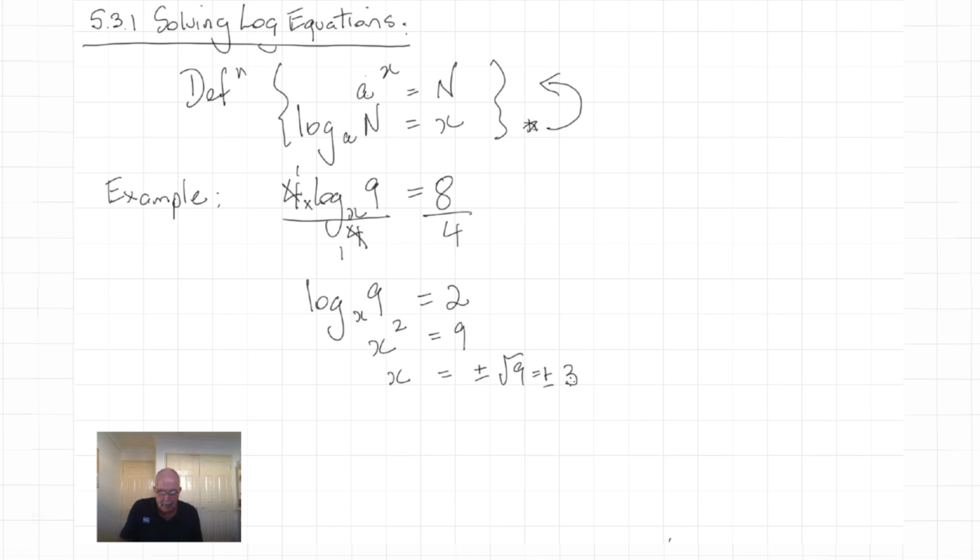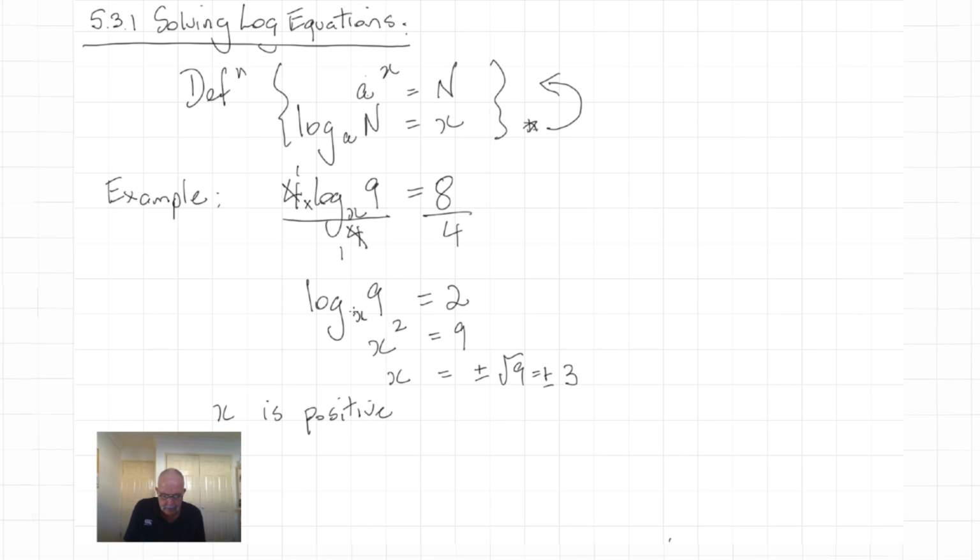Now, one of the definitions of a logarithm is that the base has to be positive. So we know that x is positive, because the base in logarithms, in this case the base is x, the log to base x of the number 9.